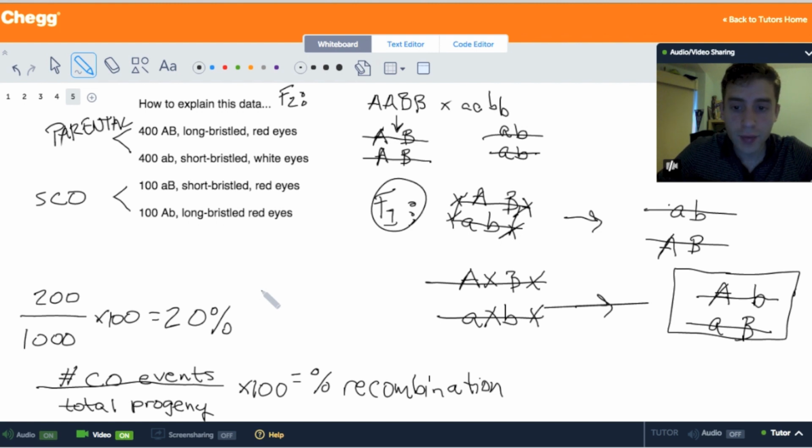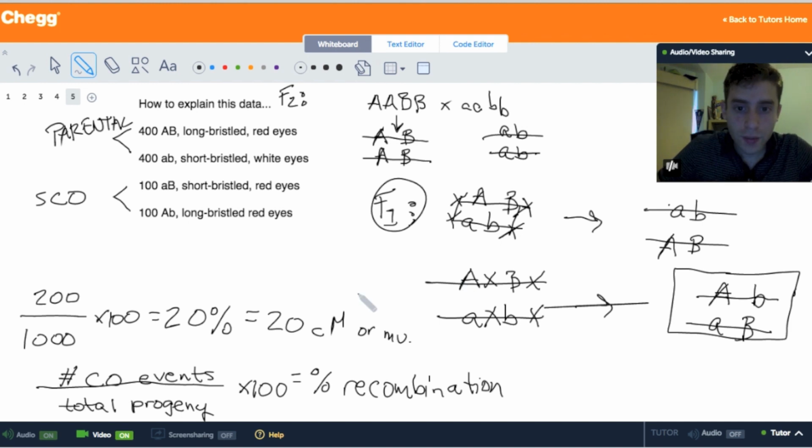And in genetics, we label this as centimorgans or map units. It's hard to translate this into a physical distance because it's just relative to something else. So if we have a 20% recombination frequency, this is equal to 20 centimorgans, or 20 map units. So that means that genes A and B are 20 centimorgans away.